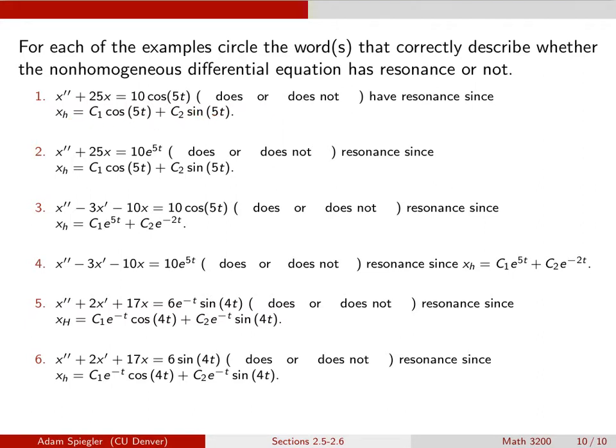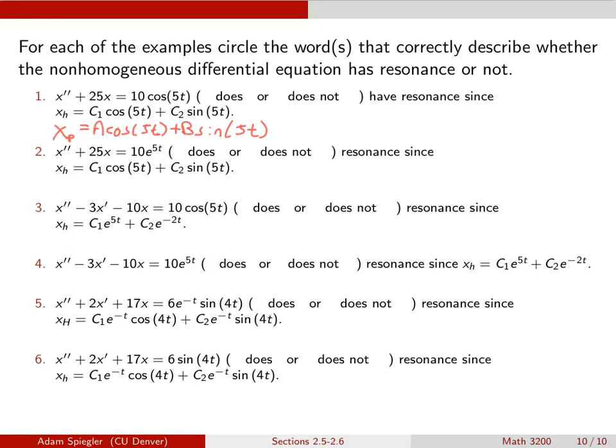And so now if I compare the homogeneous solution to what our particular solution might be, right? Our particular solution, here we've got x of p, would be a cosine 5t plus b sine of 5t. Both of those are resonant with the homogeneous solution right above.